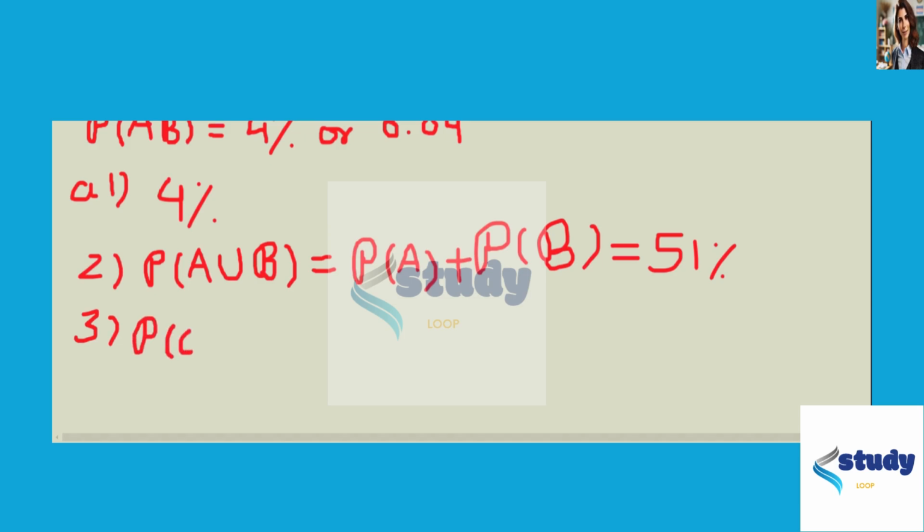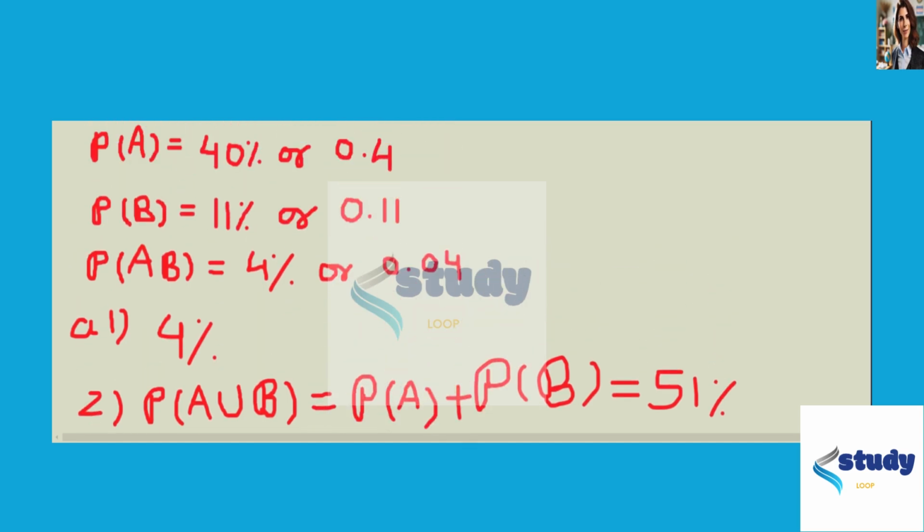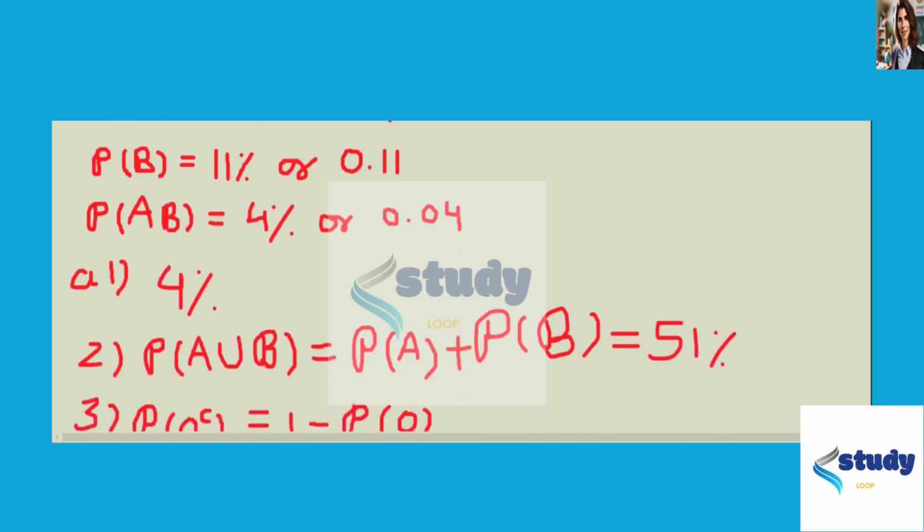The donor is not type O is the complement of the event that the donor is of type O. So by complement rule, this probability is equal to 1 minus probability of O. Or if written in the form of percentage, this is equal to 100 minus probability that this donor is of type O. The probability of O is equal to 45%.